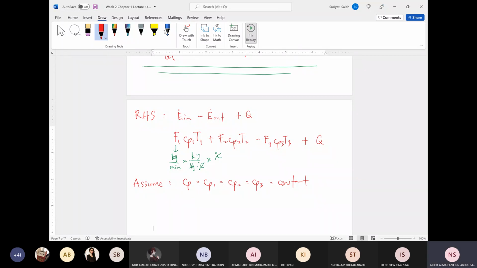For constant variables like CP, heat capacity, or the density, we assume the value of the heat capacity and the density for each stream are equivalent.